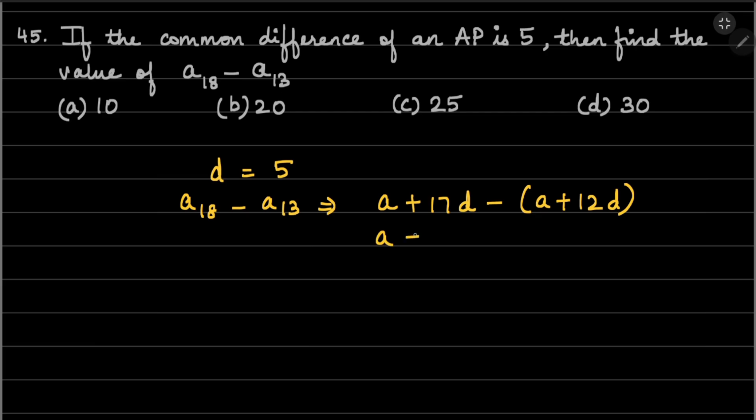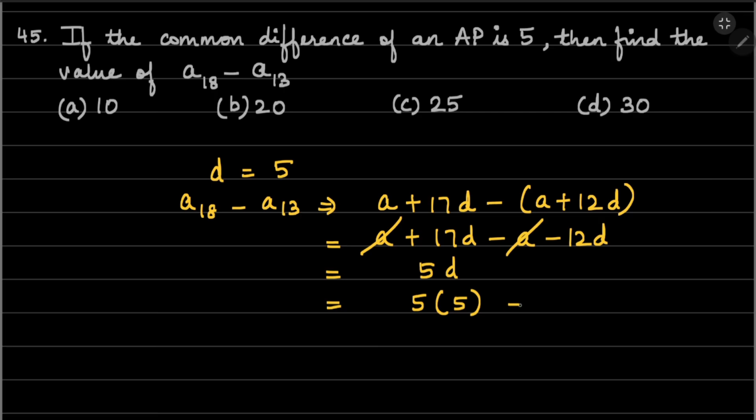Open the brackets. So you have a plus 17d minus a minus 12d. Plus a minus a gets cancelled. 17d minus 12d is 5d. So you know d is equal to 5. So 5 into 5 is equal to 25, and that's your correct answer.